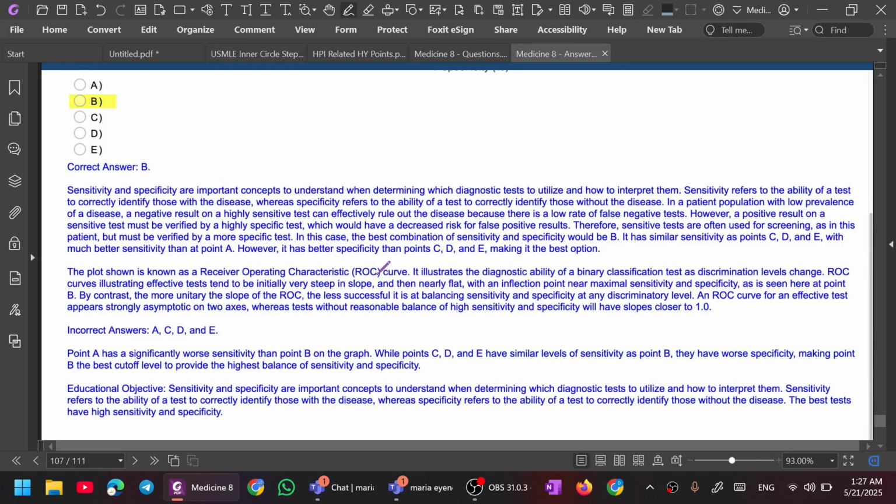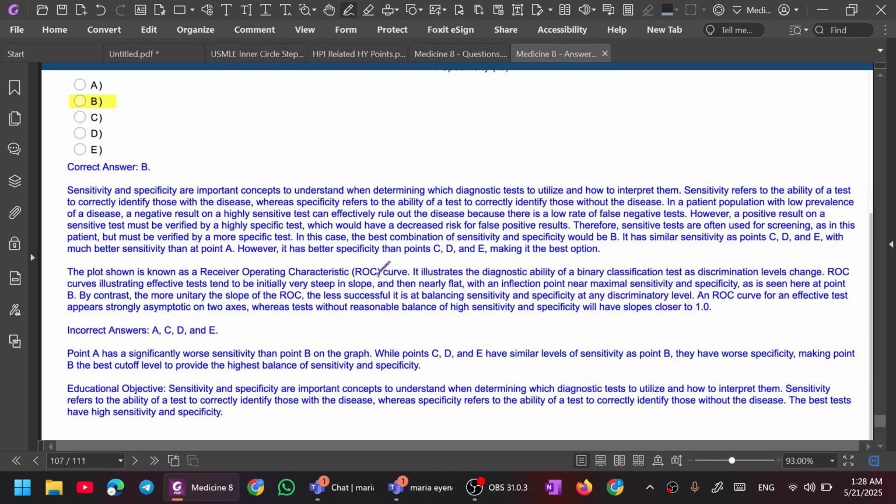However, B has better specificity than points C, D, and E. Why? Because here is the specificity, but it's one minus specificity. So the higher will be on this side instead of that side. So E will have a low specificity because it's on this side.